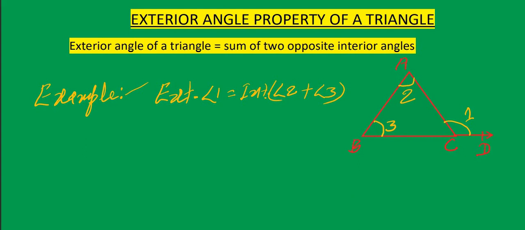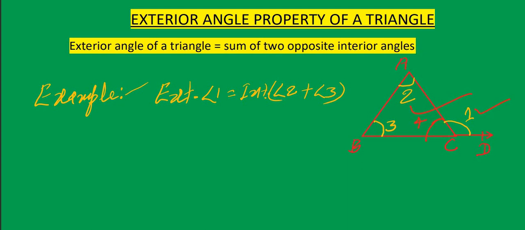Next property is the exterior angle of a triangle. The exterior angle property of a triangle describes that if you see the diagram, angle 2 and 3 are interior angles. If you draw angle 4 here, then angles 2, 3, 4 are interior angles. But angle 1 is outside the triangle, that's why it is called the exterior angle of the triangle.